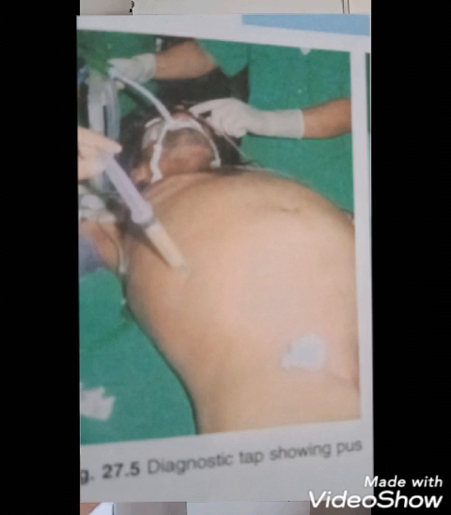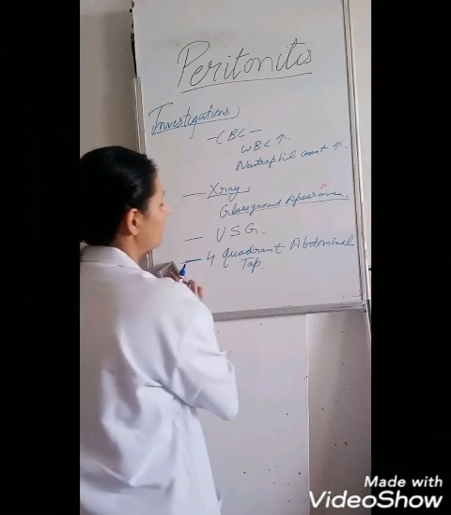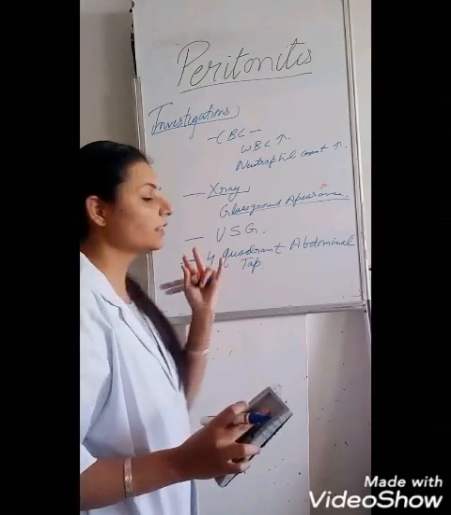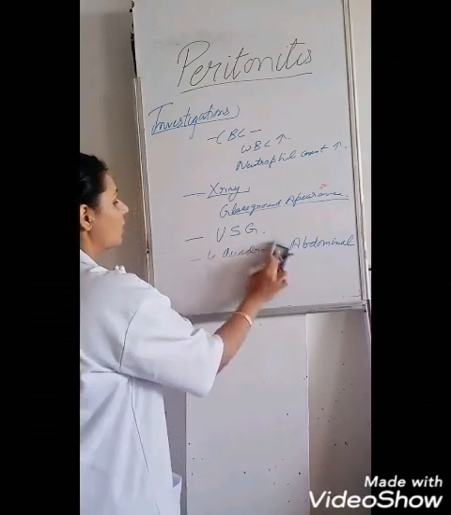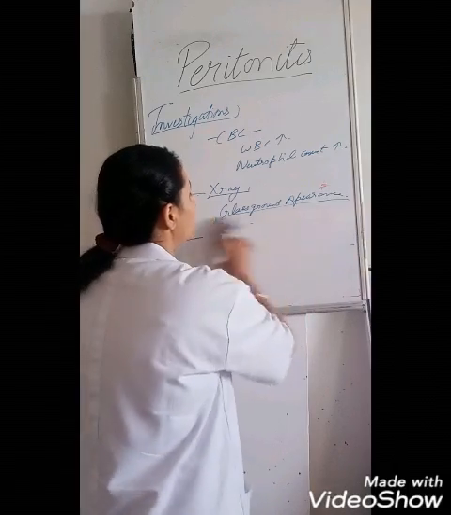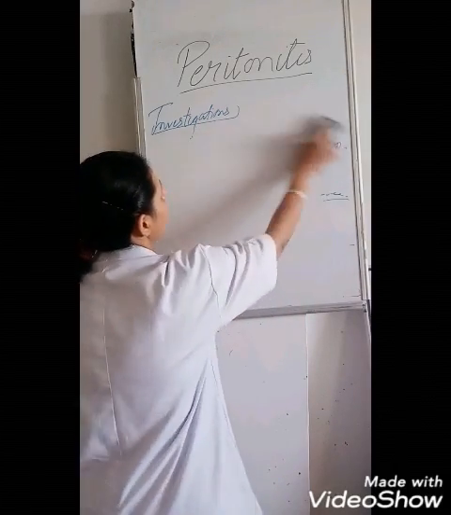And if blood comes in aspiration, that indicates hemoperitoneum. So the four-quadrant abdominal tap is done by taking aspiration of the content from the peritoneum.